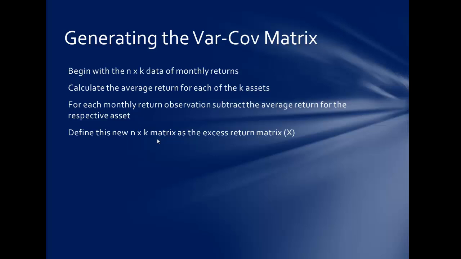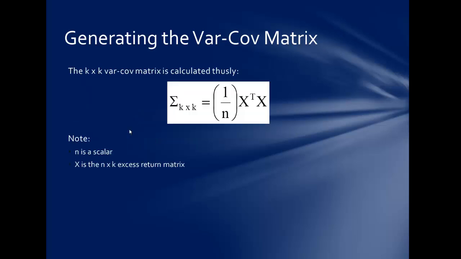So you'll have an n by k matrix where the rows are the number of months and the columns are all the assets, and in each element of the matrix you'll have the monthly return to each of those assets minus their average. In order to get the variance-covariance matrix, it's this simple. You take that excess return matrix and you just do X transpose X and then divide it by the number of months.